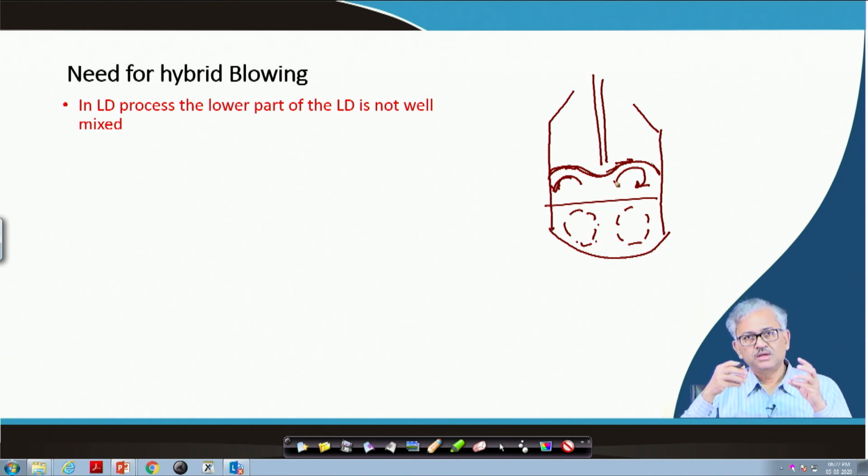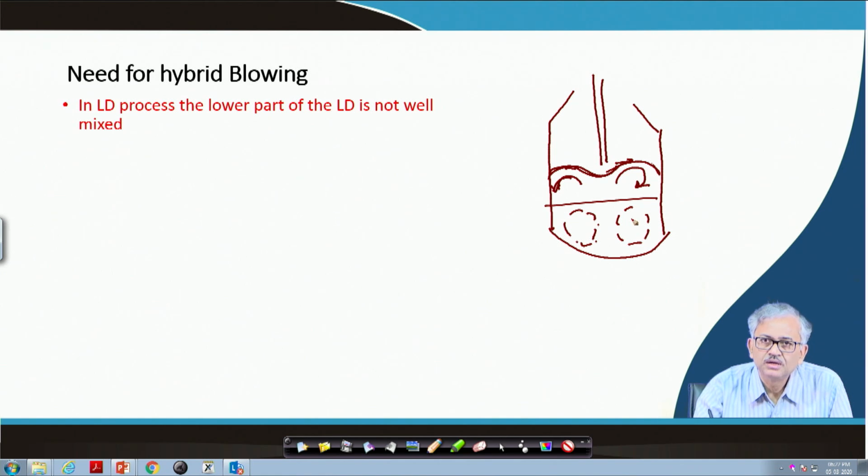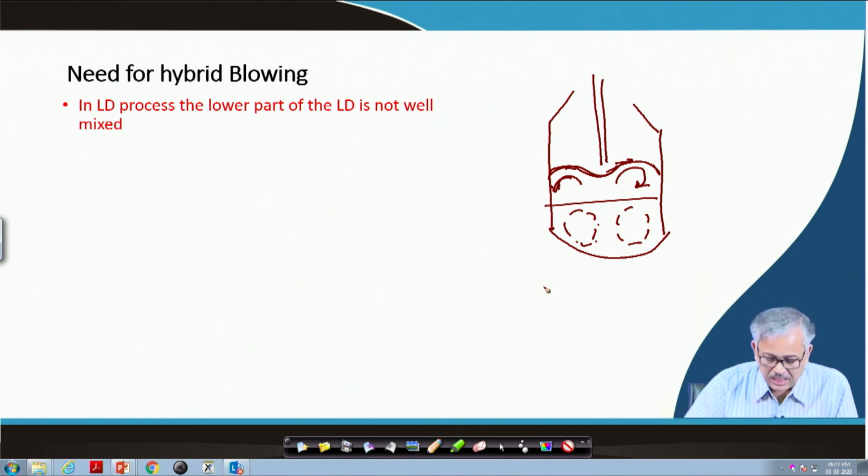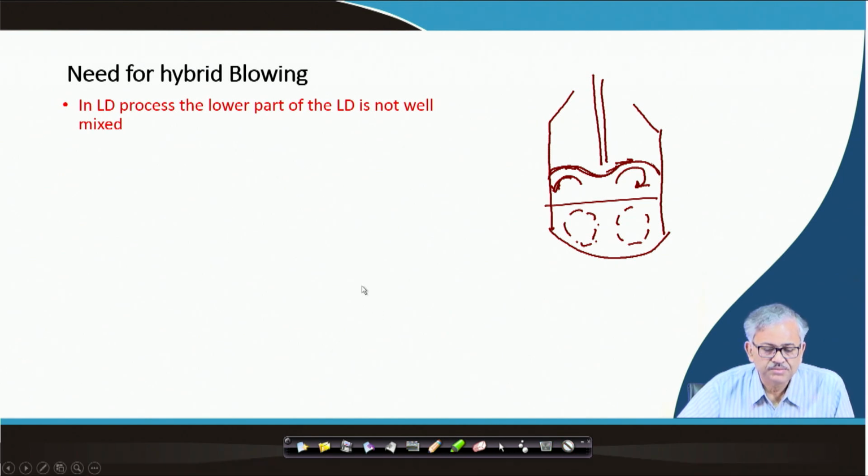So, in the upper part, because the mixing is very high, the impurity concentration will go down significantly with time. But in the lower part, the impurity may still be very rich even after some blowing period. If it is not well mixed, that is the problem.